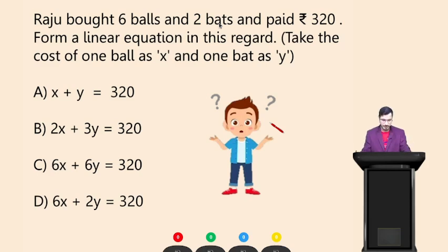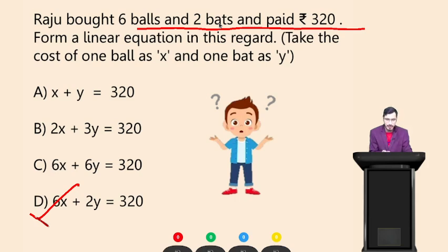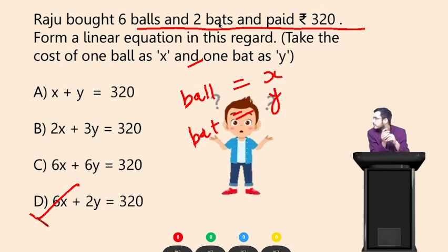Yes, time's up, students. The right answer is option D. You can see here 6 balls and 2 bats. So you can say the cost of one ball will be rupees x, and the cost of one bat is y. So here 6 balls means 6x, and 2 bats means 2y.